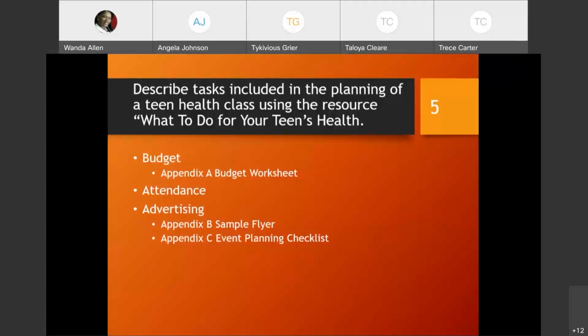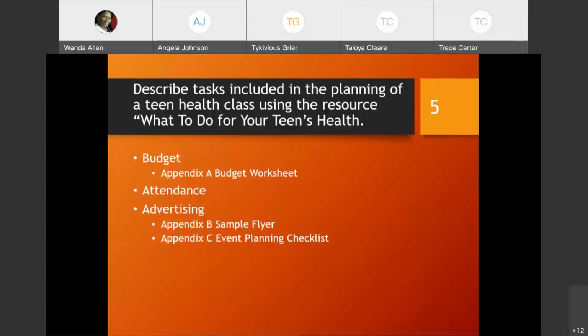Also, making sure the class is free. Sometimes educational classes cost. So provide the class free, and make sure the class is held in an easily accessible area, because sometimes people do not have transportation.